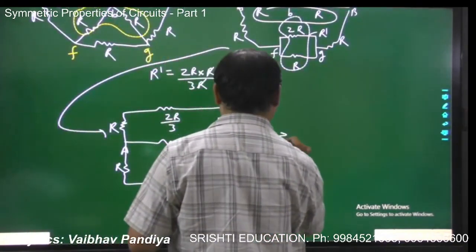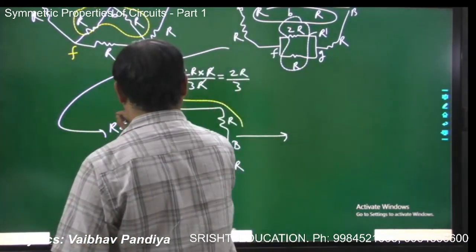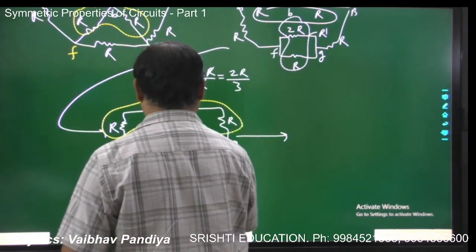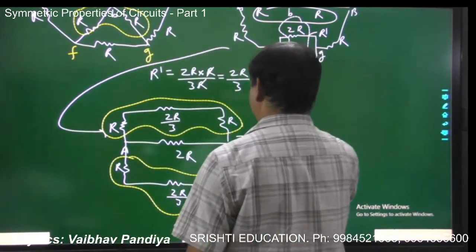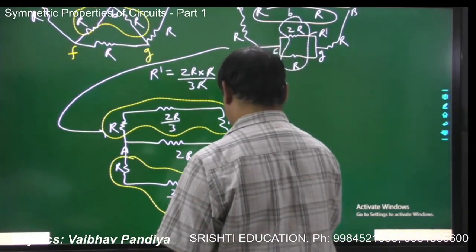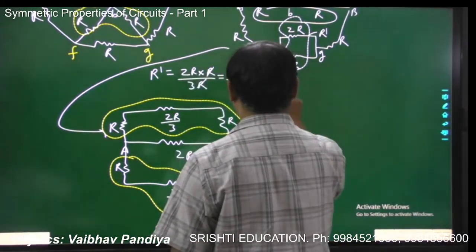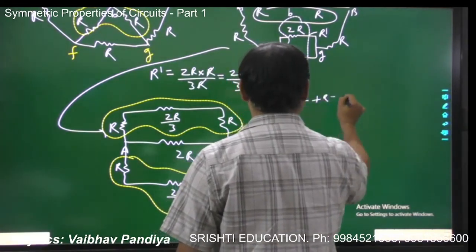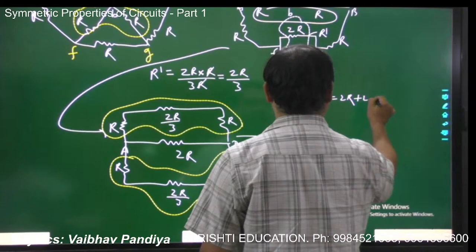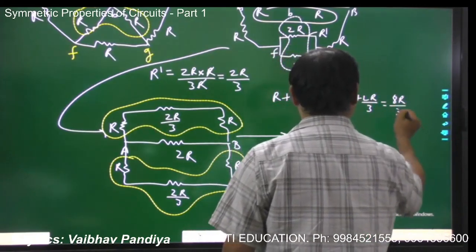Now I can again go one step further reduction. Now these three between A and B are in series, and identical is the case for the bottom portion. So I'll get equivalent as R plus 2R by 3 plus R, that is 2R plus 2R by 3, that is 8R by 3.